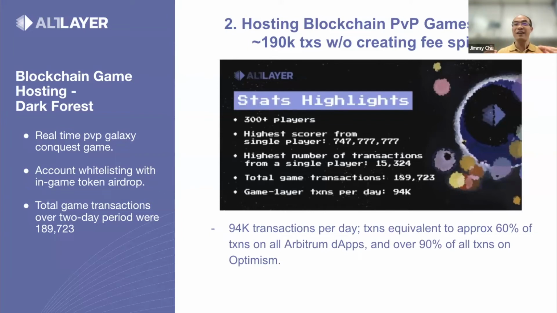So imagine that suddenly, if you are running these games on Arbitrum, you are creating an extra 60% of the total transactions during those periods by running a game. So that's why we see that ALtLayers is really suitable for running blockchain games or dApps games.